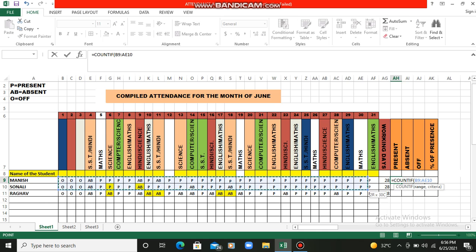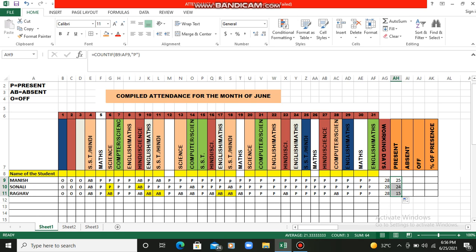Now comma, and within the double quotes we have to specify P. So I am writing P here, again double quotes and then bracket close. So 25 present. The student was present 25 times in a class out of 28 days of working.